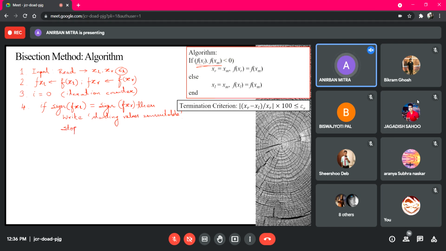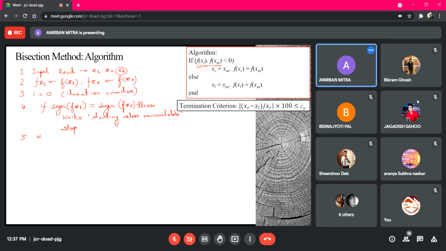Or you may have an option of going back to the input and asking for a fresh initial search interval, XL and XR, where the condition is satisfied. And if this condition is not satisfied, then it's okay. The search interval contains a root.